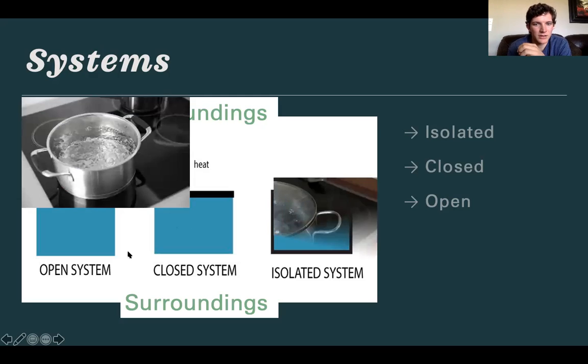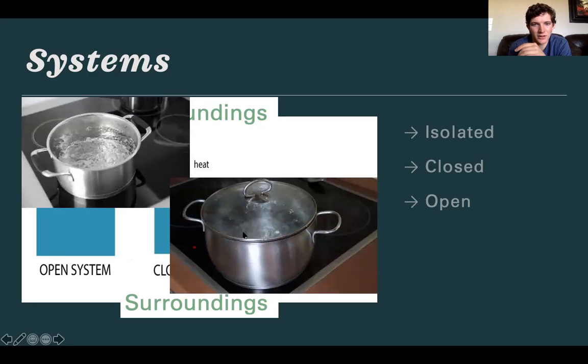And then we have a closed system where it's trapping the steam, and the heat can't escape. And so you can't put anything in that, obviously, without taking the lid off, which releases all the steam. These are the main two types of systems that we work with a lot.